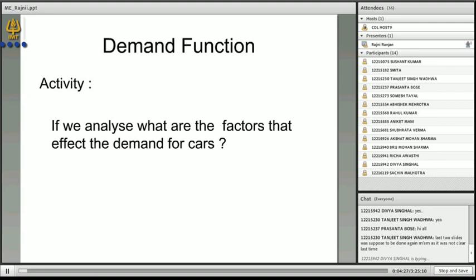Okay, so anybody who can answer? Anybody who can recollect this? Or rather, I will ask everybody to just work on it for the next 5 minutes, and we'll start the session in the next 5 minutes. Yes, Tanjeet, we discussed this.